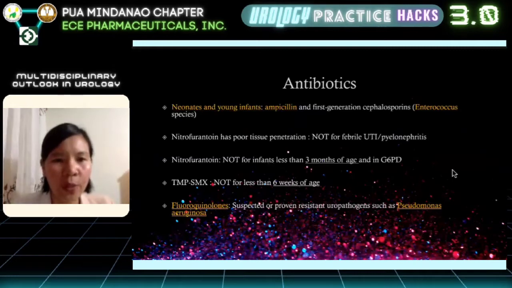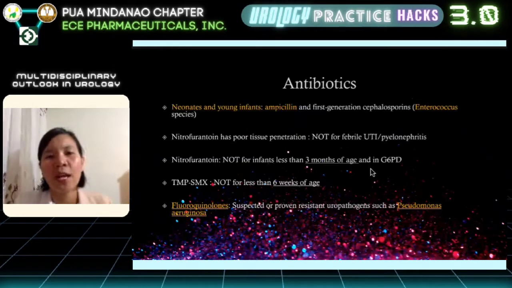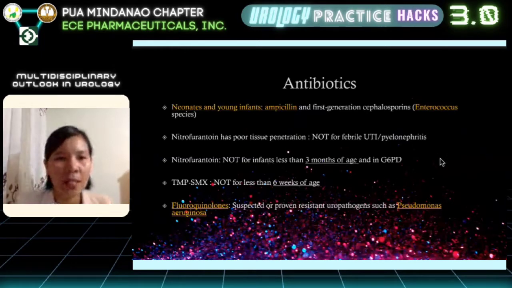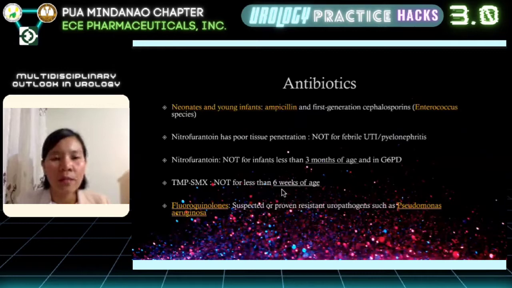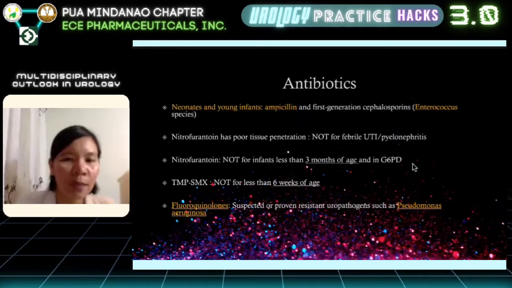Nitrofurantoin is associated with increased risk of hemolytic anemia in infants less than 6 months of age and in patients with G6PD deficiency. Trimethoprim-sulfamethoxazole is not recommended for those less than 6 weeks of age, because of liver immaturity, sulfas may increase the risk of icterus in young infants by displacing bilirubin from plasma protein.